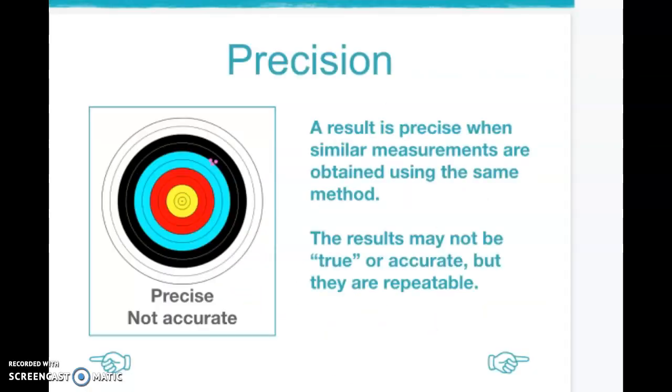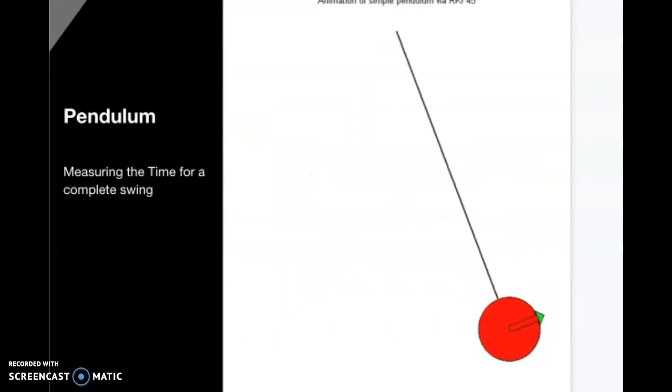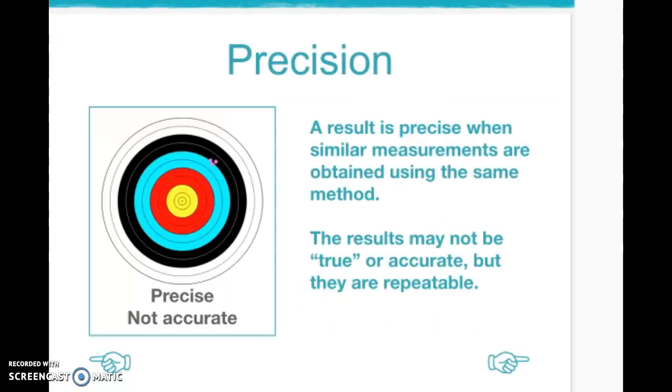We express that here in our dartboard as a metaphor. Basically, it doesn't really matter if you're getting the right answer. What's important, if you have precise information, is that whenever you take your stopwatch to measure this pendulum, you're always getting the same answer. So that's precise.